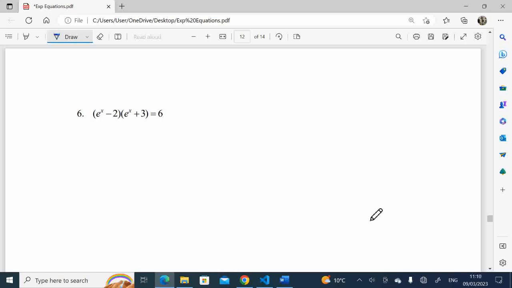Pay attention to this mistake. What we have to do here is to expand the left side as a first step. If we expand, e^x times e^x is e^(2x), according to the property of the exponential function that says e^a times e^b equals e^(a+b).